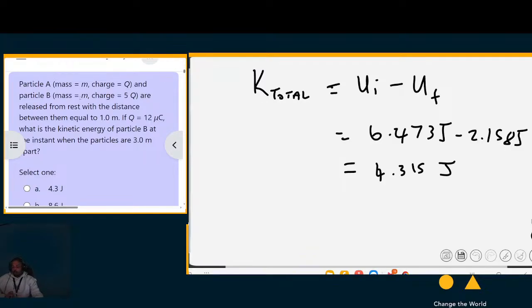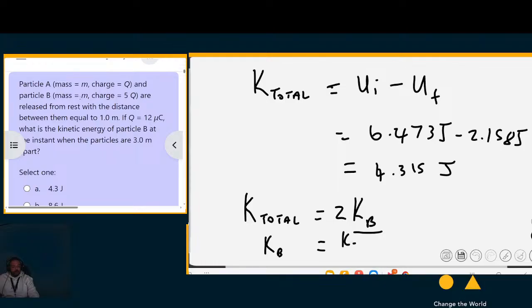But we've already found a formula for the total kinetic energy, remember? We found that the total kinetic energy is equal to 2 times the kinetic energy of B. And what do we want? The kinetic energy of point B. So the kinetic energy of point B is equal to the total kinetic energy, which we just calculated, divided by 2.